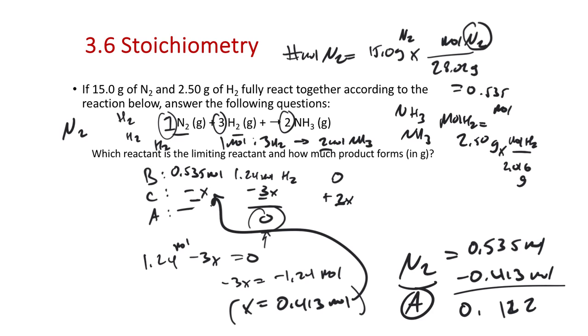I always screw up math that's simple right in front of me, so I'm going to double check that. Yep, 0.122 moles. And so that's the amount of N2 that remains after the reaction completes. So we've consumed 0.413 moles of the N2 that went into forming the NH3, and we're left behind with 0.122 moles of N2.